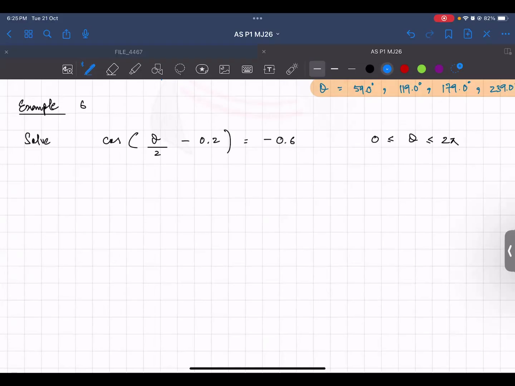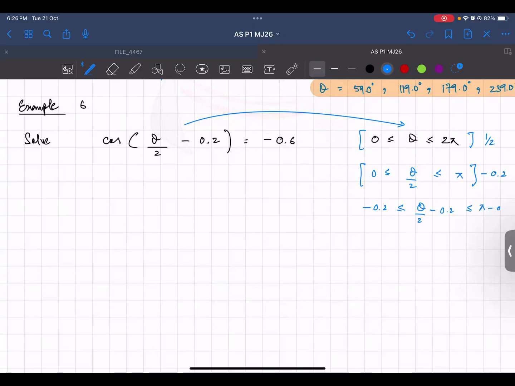The first thing, you can see this is not only theta, so you will have to amend it. First you can multiply this completely by half, so that this becomes theta by 2, and this becomes pi only, and then minus 0.2. So theta upon 2 minus 0.2, and pi minus 0.2.